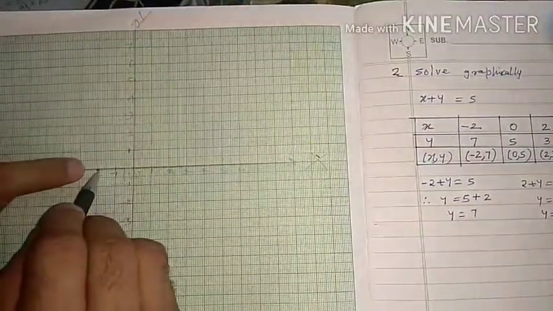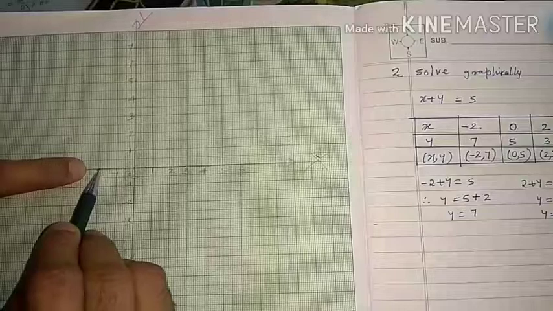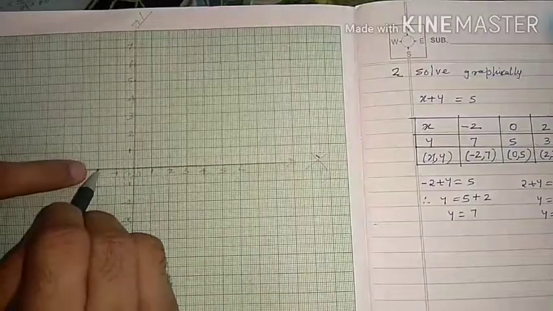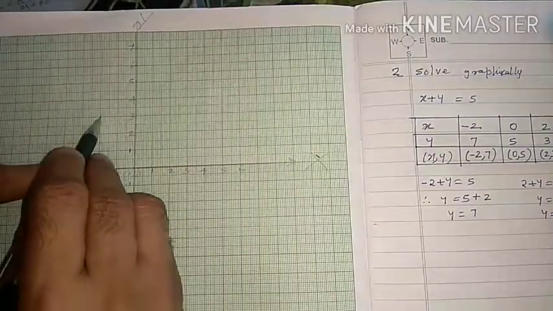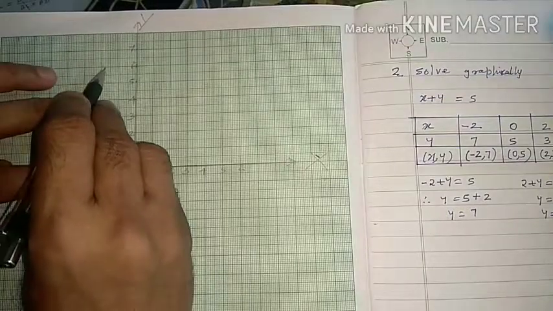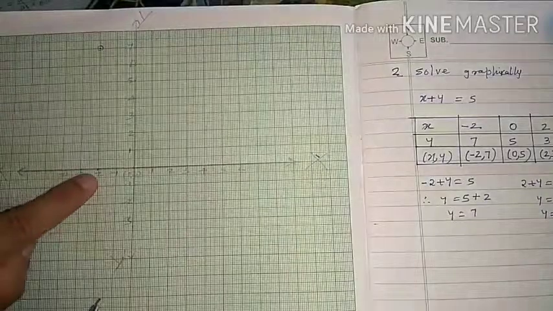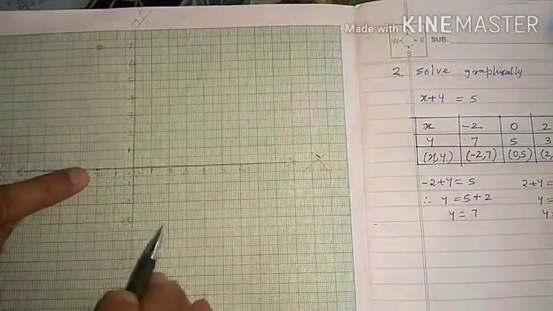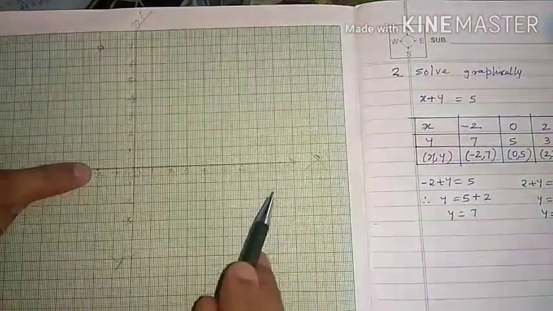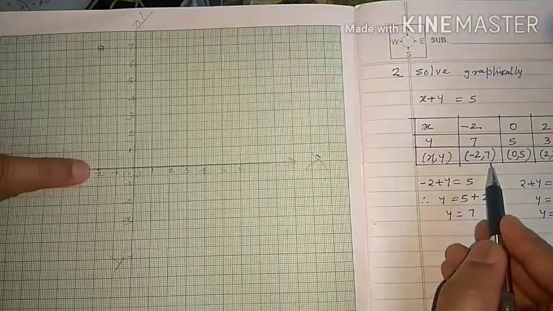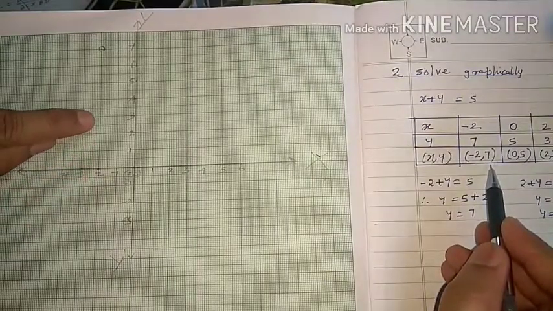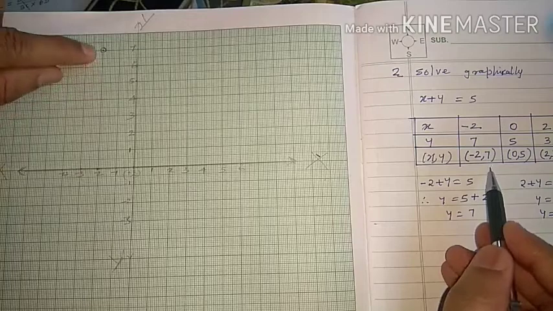So at x is minus 2, y is plus 7, that is 1, 2, 3, 4, 5, 6, 7 here.